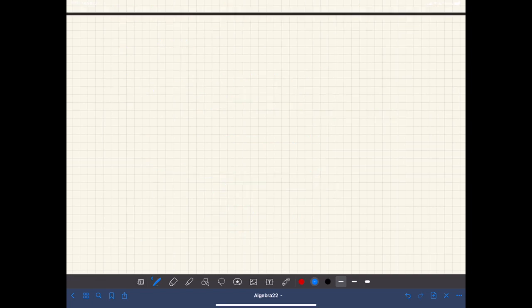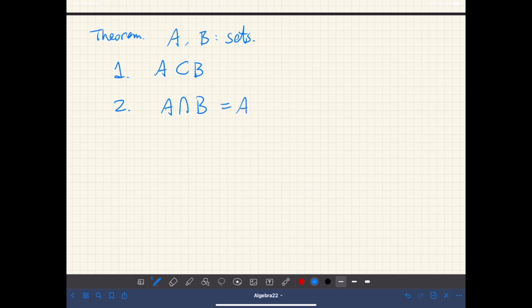Now let's prove a theorem. Suppose we have two sets, A and B. Then the following statements are equivalent. 1, A is a subset of B, 2, A cap B is equal to A, and 3, A cup B is equal to B. So these are equivalent.